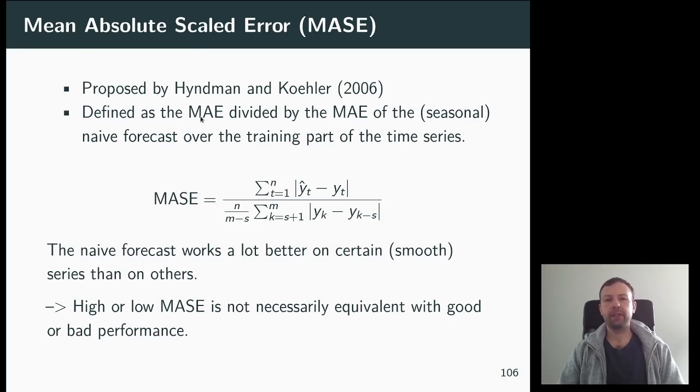It's defined as the MAE divided by the MAE of the naive forecast over the training part of the time series. So you take your time series, you take the training part, you take this naive forecast or seasonal naive, both versions exist, and then you divide your errors on the test set by this error that you got over the training set.